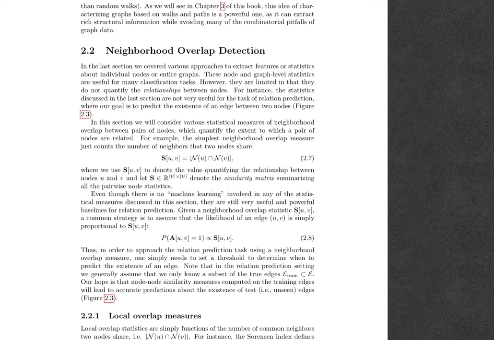So we go to the other option, which is the neighborhood overlap detection domain. We look at the statistical measures of neighborhood overlap between pairs of nodes. The simplest format is assessing the extent to which the neighbor nodes of two nodes are shared.